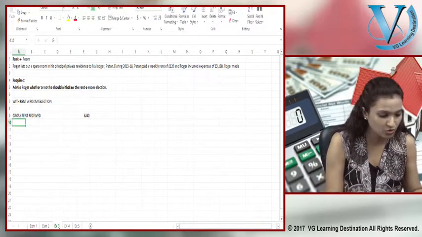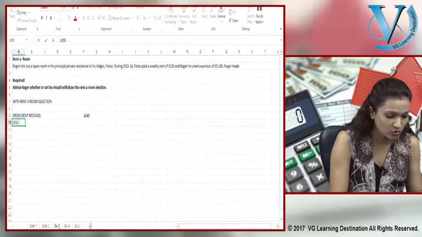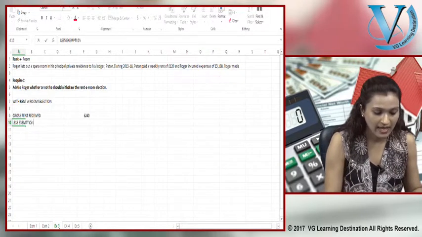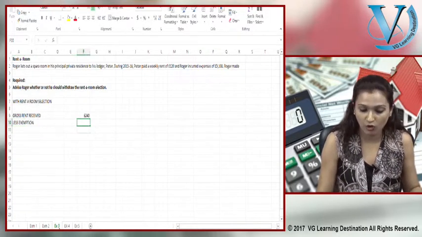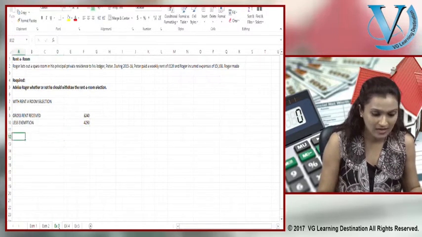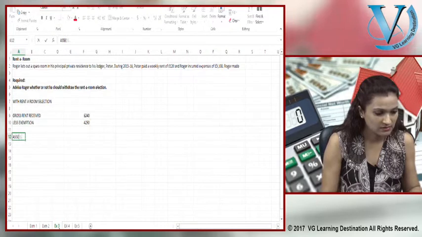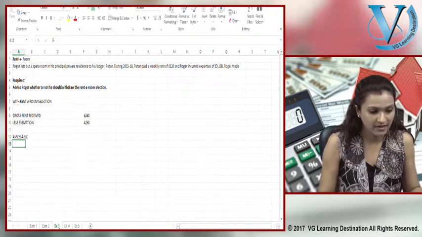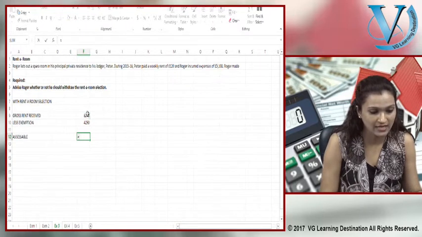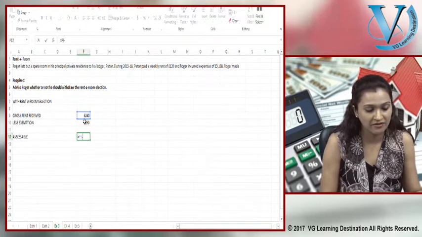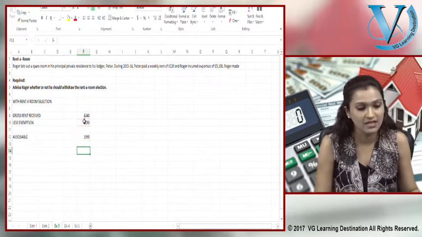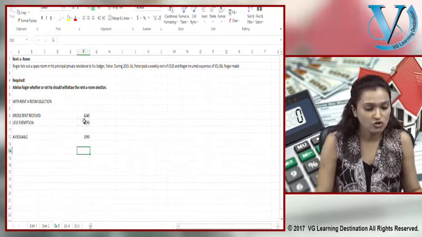Out of that, you can claim your rent a room exemption. The exemption amount is £4,250. The remaining amount is assessable, which is 6,240 minus 4,250, so £1,990 becomes assessable in the hands of Roger.